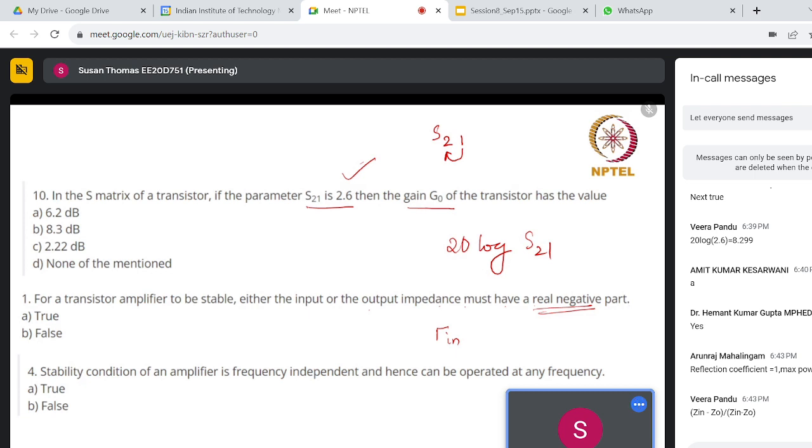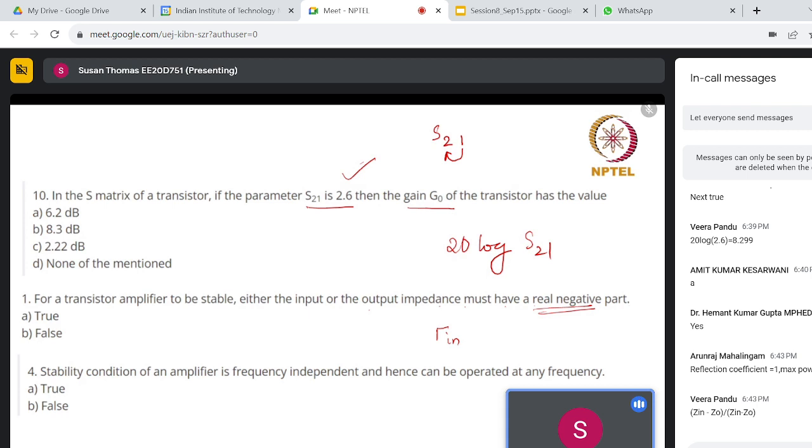Suppose you have reflections at the load end, then maximum power cannot be transferred to the load. So reflection should be minimum so that we transfer maximum power, if you are talking about the load side.